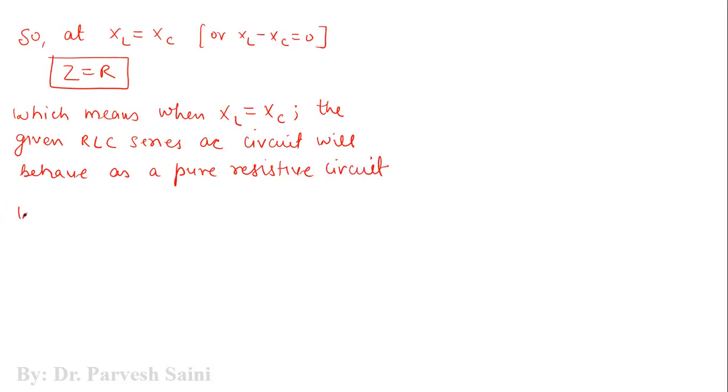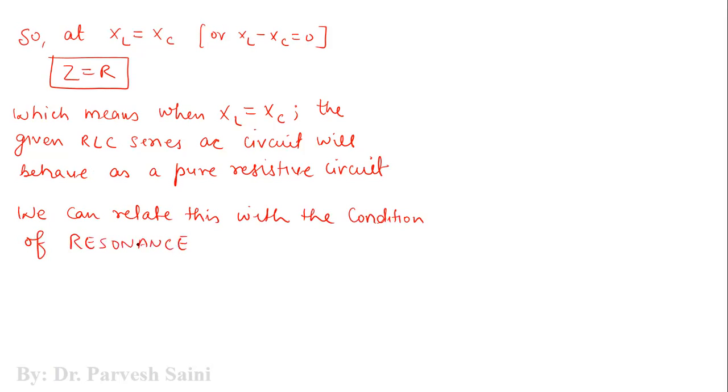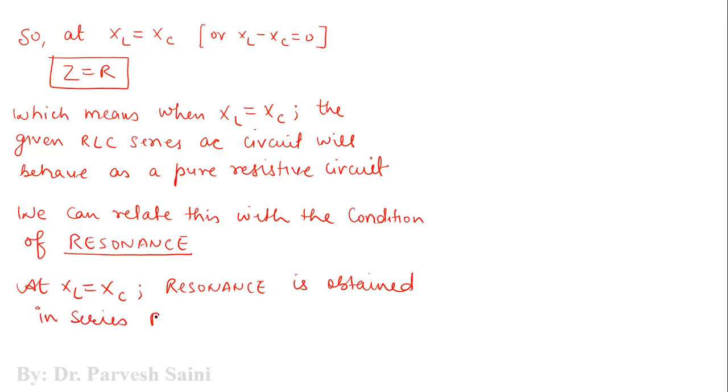Now we can relate this with the condition of resonance. So we can say that at XL is equal to XC, resonance is obtained in series RLC AC circuits.